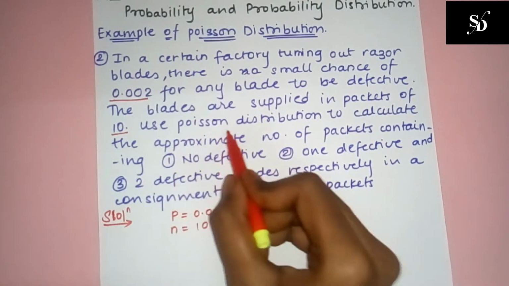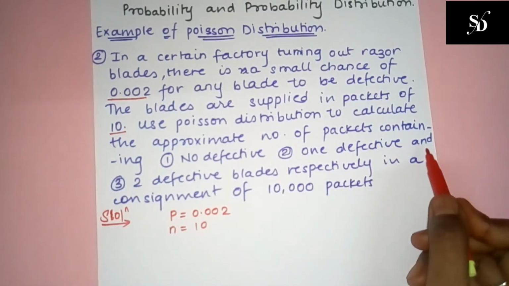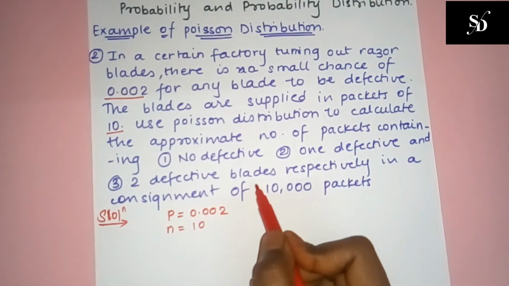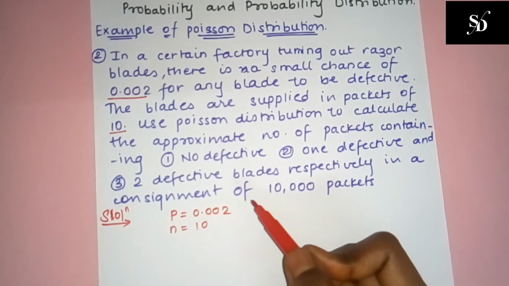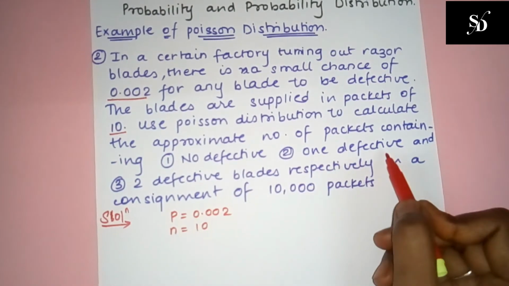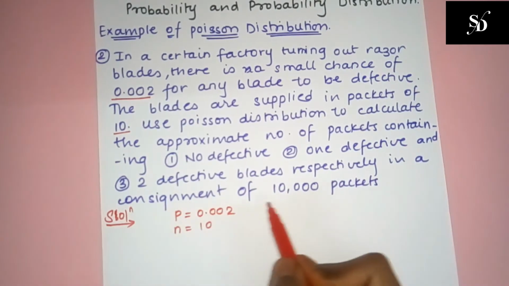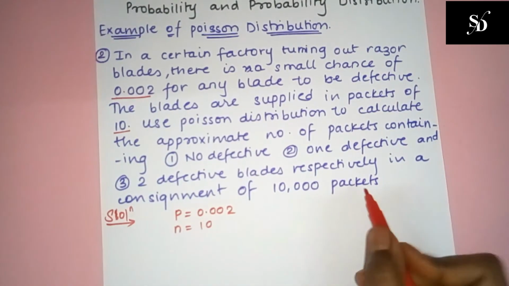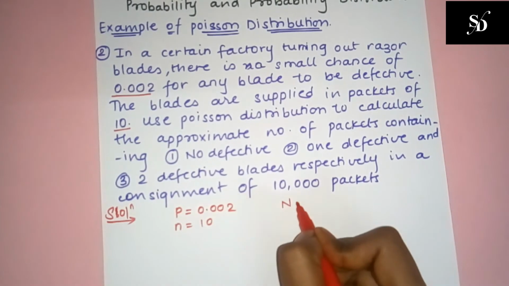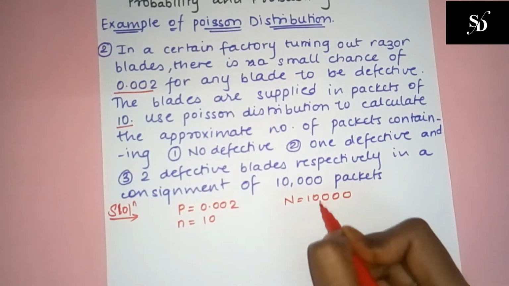Then use Poisson distribution to calculate the approximate number of packets containing no defective, 1 defective and 2 defective blades respectively in a consignment of 10,000 packets. They have given us 3 cases to solve. This 10,000 will be capital N is equal to 10,000.